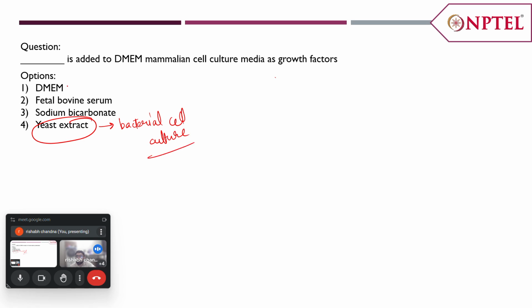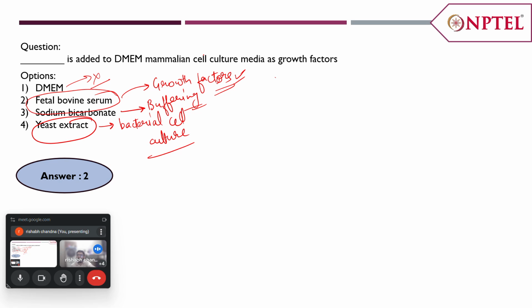DMEM is the name of the medium. It contains different components, so this will also not be the answer. Sodium bicarbonate is a buffering agent. Then comes the fetal bovine serum. So yes, the serum will provide all the growth factors that are needed for the mammalian cells to grow. So the correct answer is fetal bovine serum.